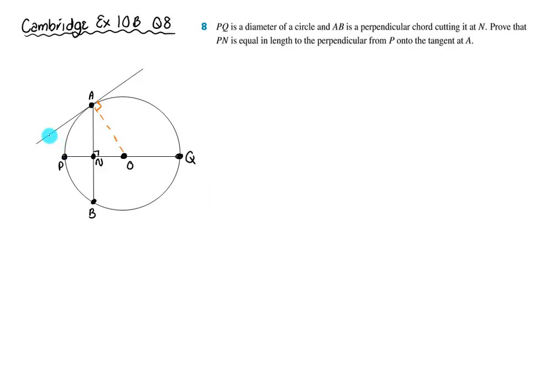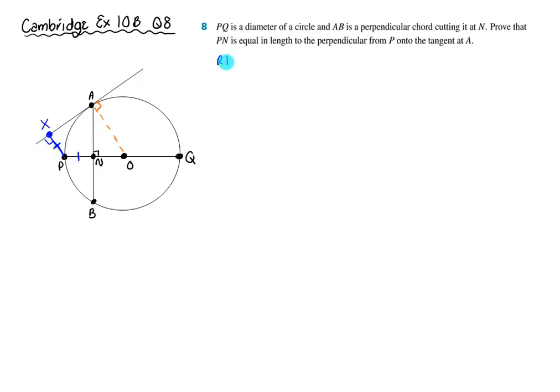So from P to that tangent, so that is that perpendicular there, and we'll label that point X. Okay, and we need to prove that this PN here is equal in length to PX.